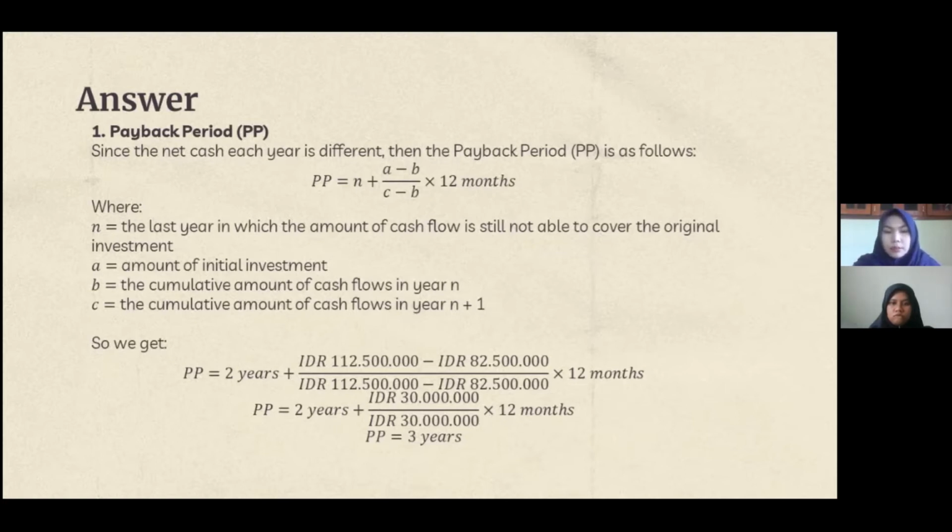Then PP equals 2 years plus 30 million rupiah over 30 million rupiah times 12 months. So we get a payback period of 3 years.